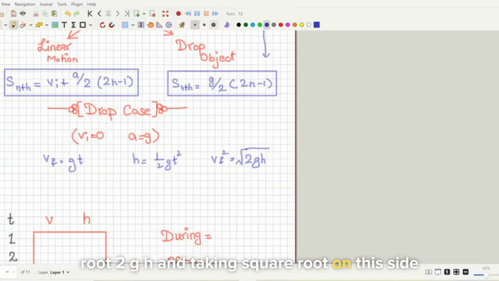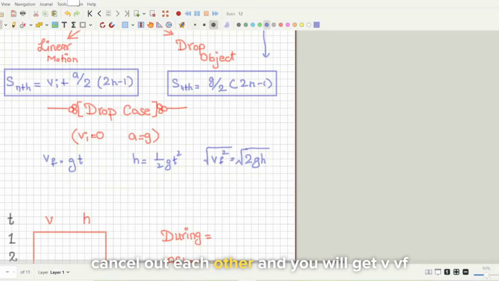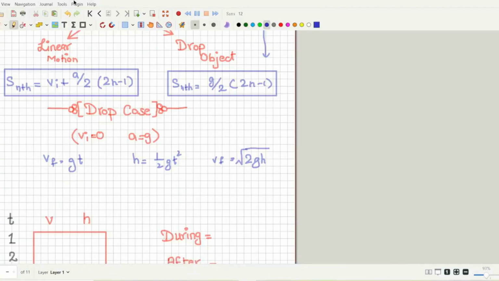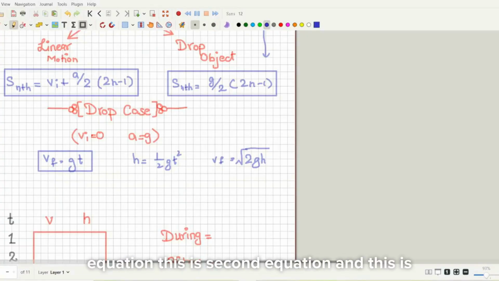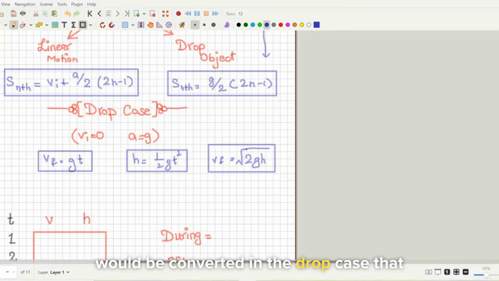The square root and square cancel each other. So these are the formulas that are used in the drop case. This is the first equation, this is the second equation, and this is the third equation. This is how equations would be converted in the drop case.